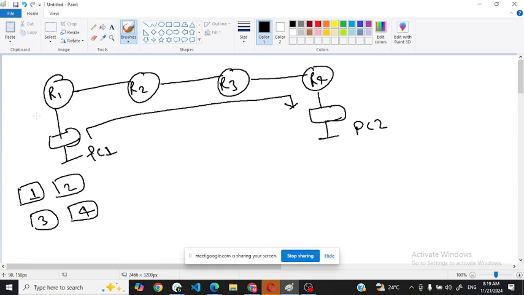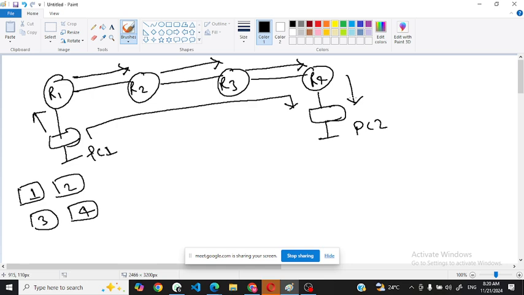So first it will come from PC1 to router 1. Router 1 rearranges the data, then processes it and sends it to router 2. Router 2 will then rearrange the data and send it to router 3. Router 3 will do the same job and then send it to router R4, and now it will come. Is it okay?